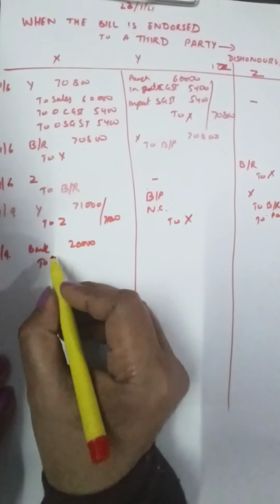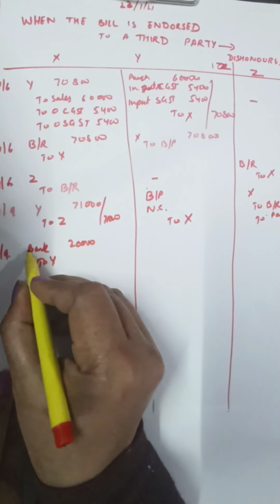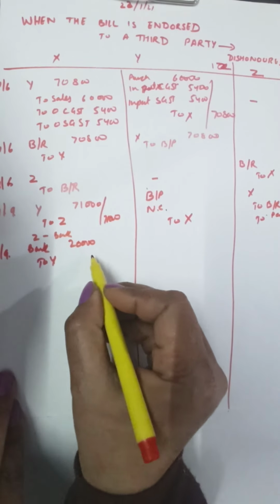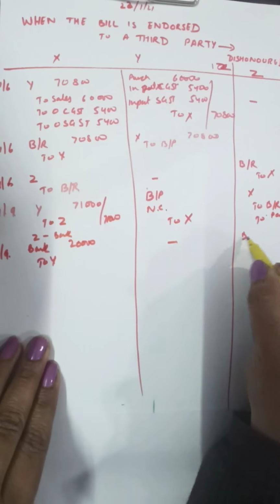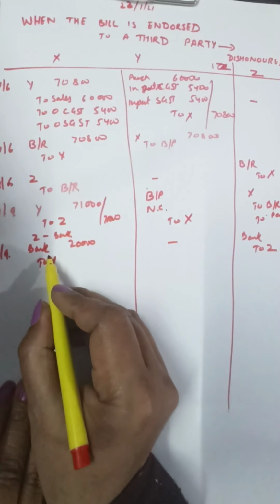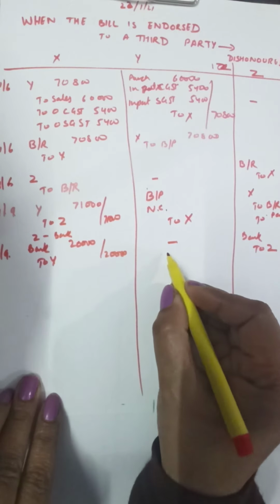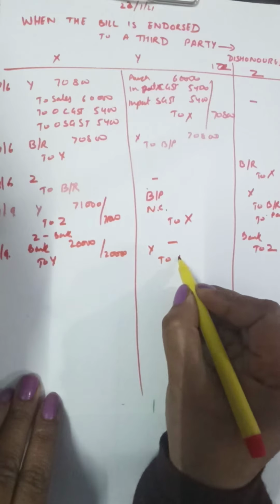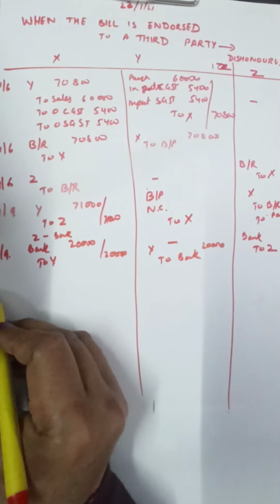First he makes the payment, Z to bank. And no entry here, and this will be bank to X. And then when he makes the payment, bank to Y for rupees 20,000, he pays it immediately. And in its books, X to bank for rupees 20,000.